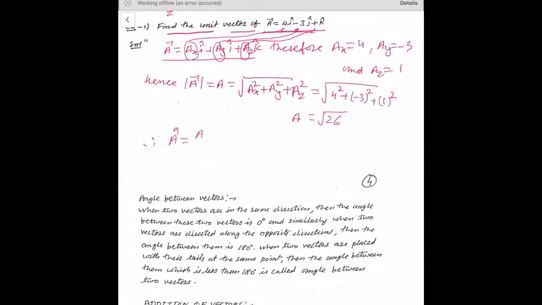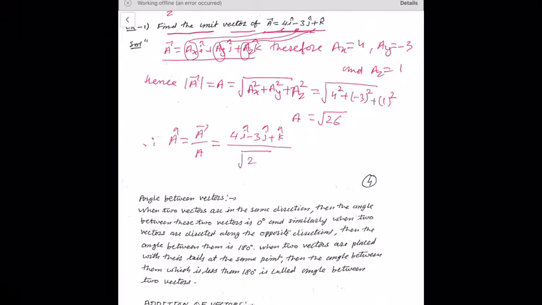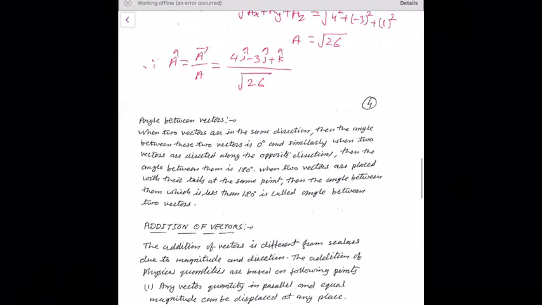A cap is equal to a vector upon a, which is equal to 4 i cap minus 3 j cap plus k cap upon under root 26.